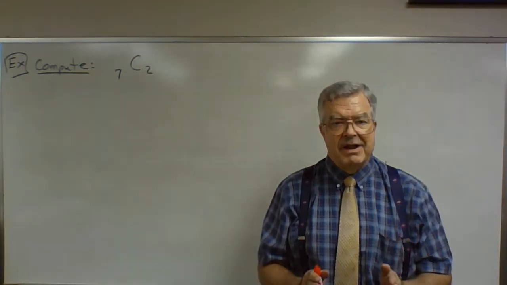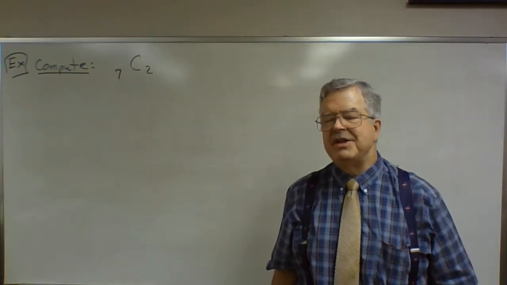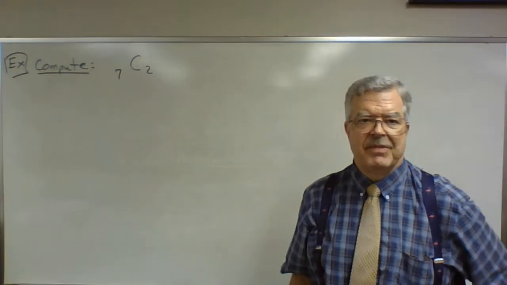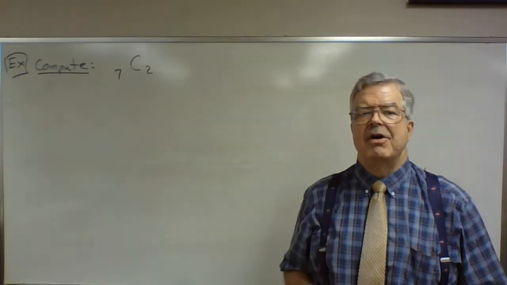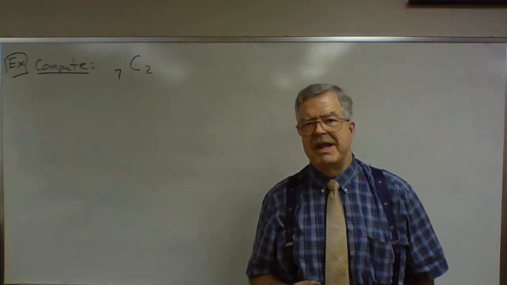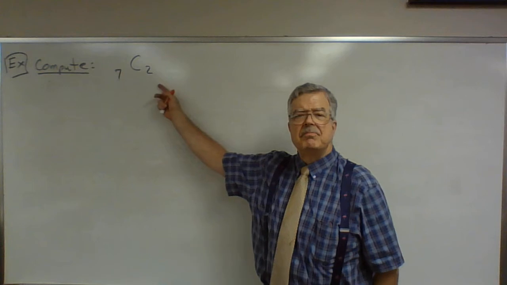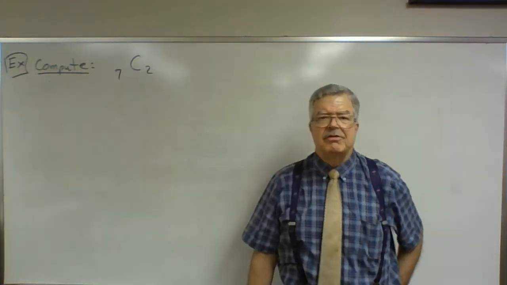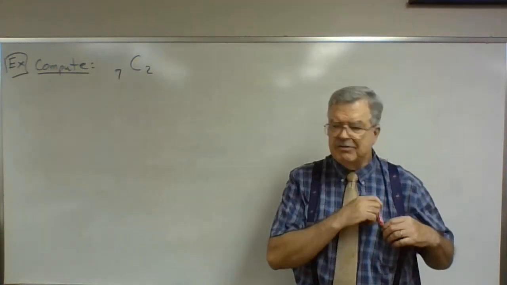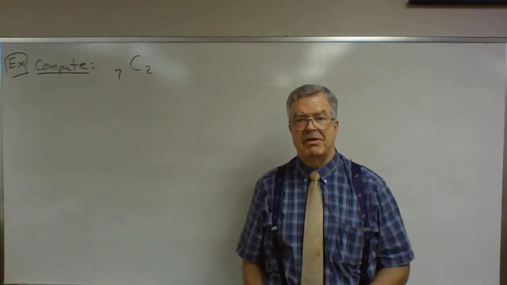But on your final exam, you're going to have to use the TI calculator. And you're going to have to know how to find factorials and permutations and combinations on that calculator. So let's compute a few of these. And I'll also talk about how we do these things using a calculator.